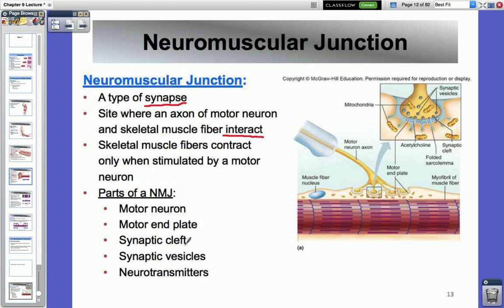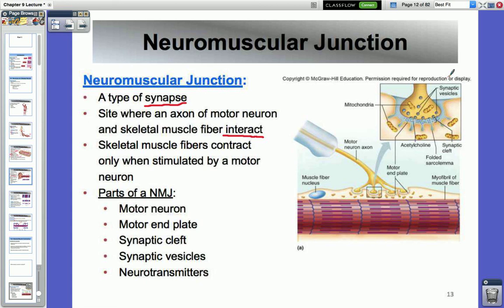And as the brain thinks, this is what's happening, this is the muscle that we want to contract, it sends a signal via motor neuron, and that signal or that message is carried by structures called synaptic vesicles. You all may remember from taking Biology 1 a long time ago, or any other science class, a synaptic vesicle is just an organelle that is responsible for carrying something.